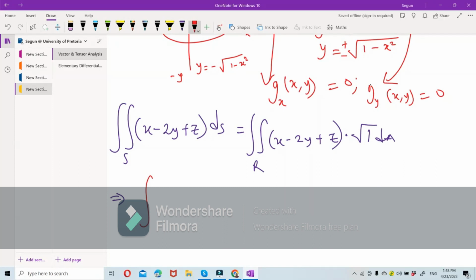The first thing we need to do now is from -1 to 1. While the second one will be minus square root of 1 minus x squared, to the positive of square root of 1 minus x squared. Don't be scared about all this. They are just values. They are just things you substitute at the end of the day. x minus 2y plus 2.